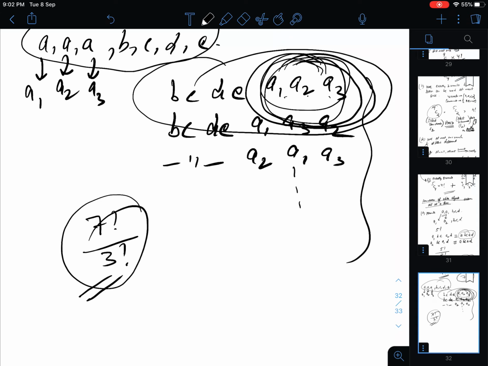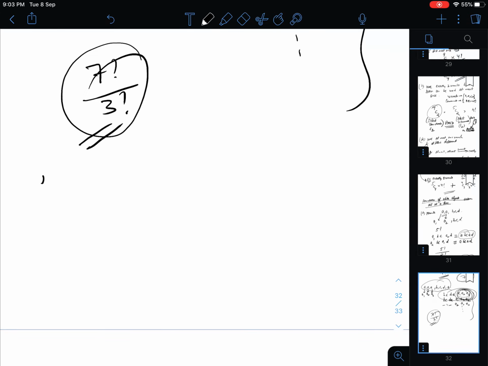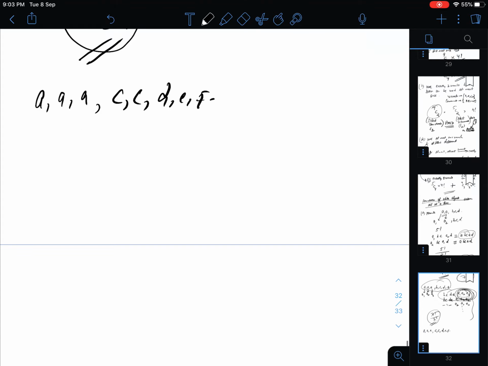All right. Now, suppose I have 3 identical A's, 2 identical C's, D, E, F. Now, again, if I ask you what are the total number of permutations of these 3 plus 2, 5, 8 alphabets, then the process is straightforward.